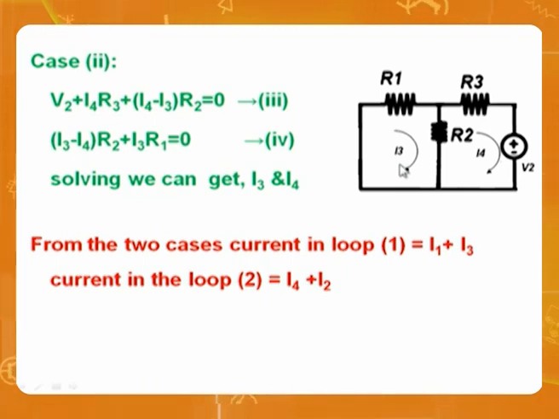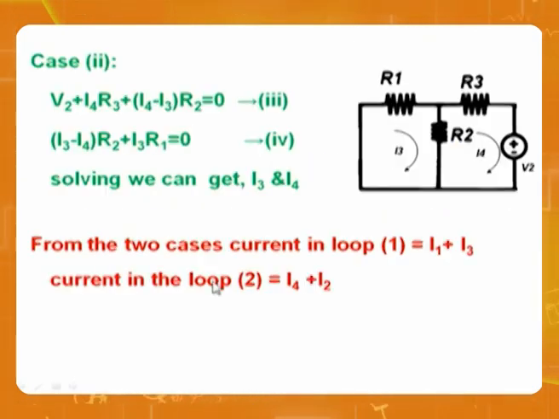The overall current of loop 1 is I1 of the previous case plus I3 of this. The overall current of loop 2 is I2 of the previous case plus I4 now. So the loop 1 current is I1 plus I3, and I2 plus I4 is the loop 2 current.